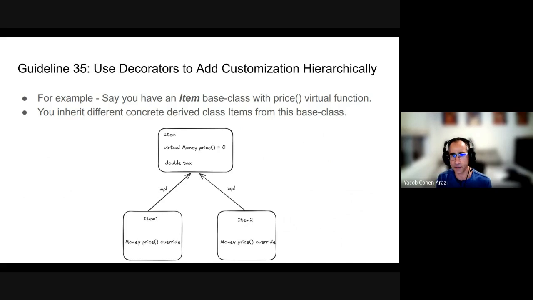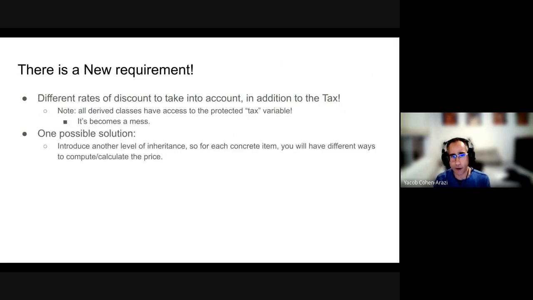The price is there as a protected member, a double, taxed, and the derived classes just override that. So the price is virtual, you have a concrete class, and there is a new requirement: there are different rates of tax or maybe different rates of discounts.